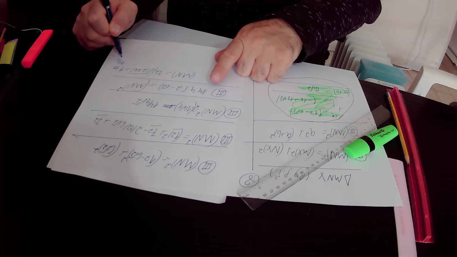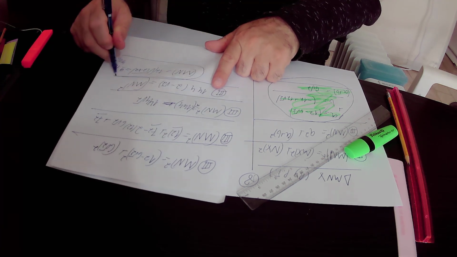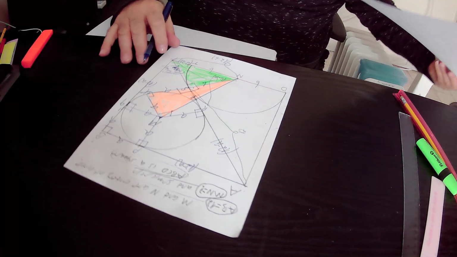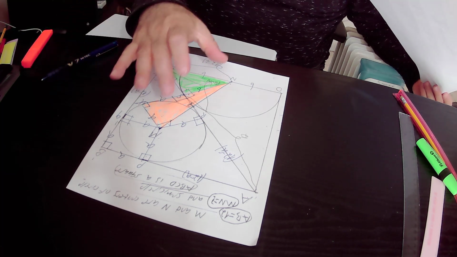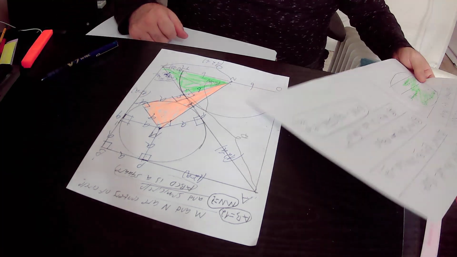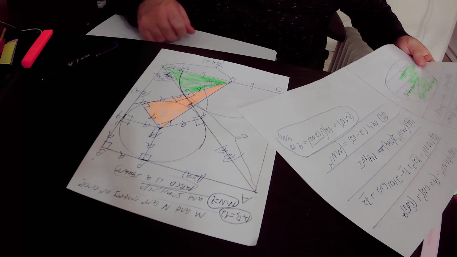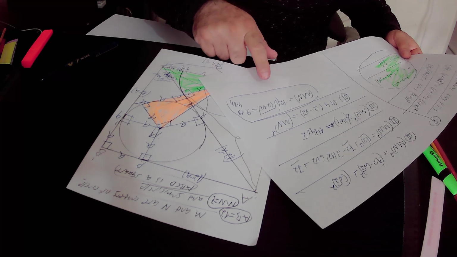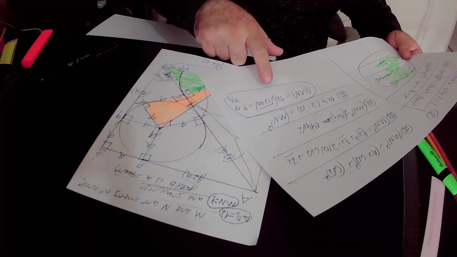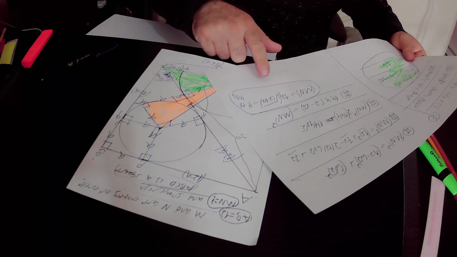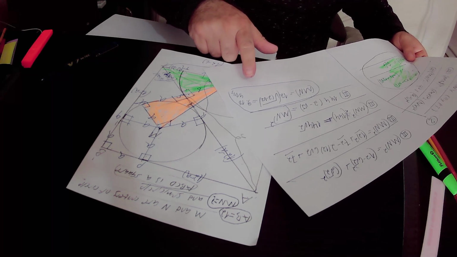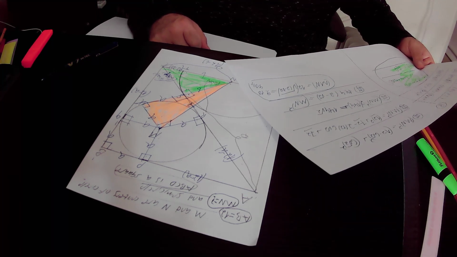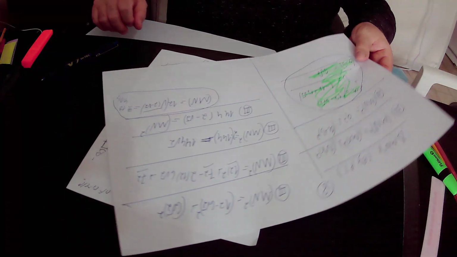So the answer to the question is that the distance between the centers of the semicircle and the circle, that is to say mn, is equal to either 12 times square root of 2 minus square root of 2, all in square, or it is equal to 9.18 units. Okay? That is the answer to the question.